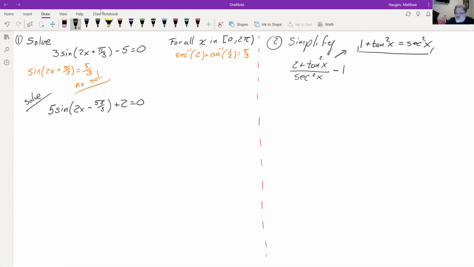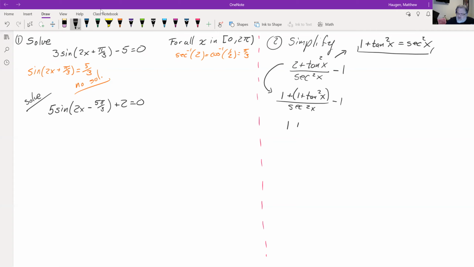So we could either turn the tangent squared into secant squared x minus 1, or kind of reconceptualize that top line as 1 plus tangent squared x all over secant squared x minus 1, and turn that into secant squared. Or if we had turned tangent squared into secant squared minus 1, the ones would have canceled, so it would have worked out the same way anyway.